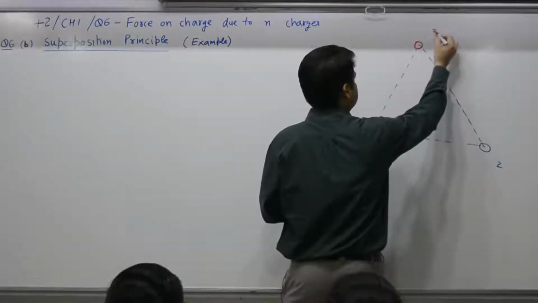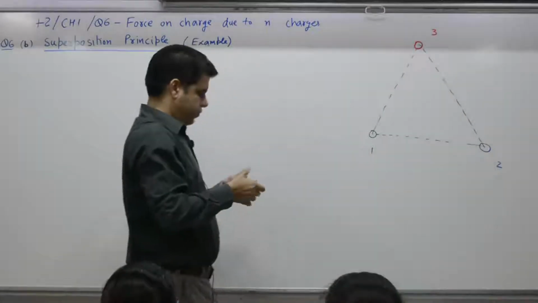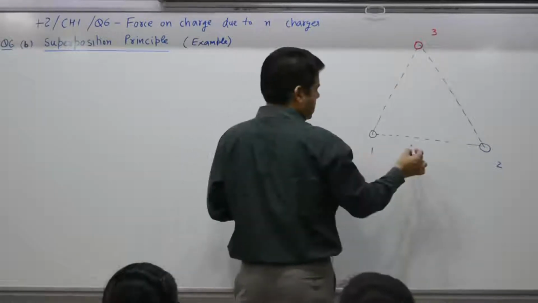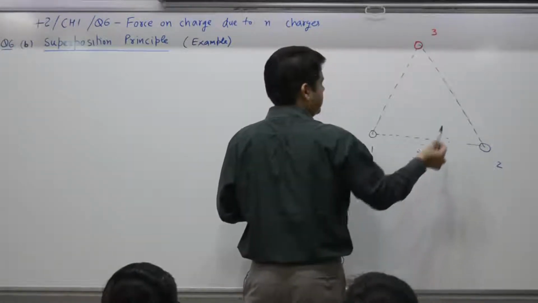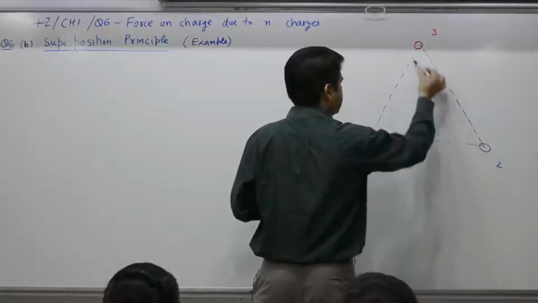The magnitude of all these charges is the same, Q. They are separated by distance R, placed on an equilateral triangle. That means all these angles are 60 degrees.